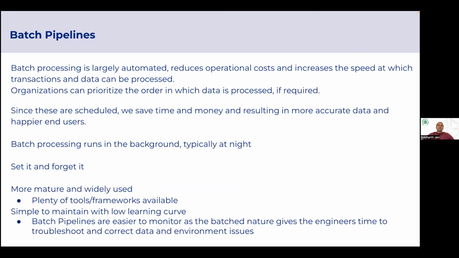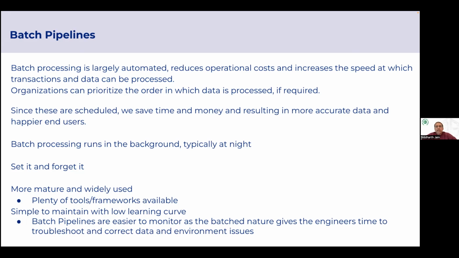For the batch data pipeline, it's more of a structured and automated system designed to process large volumes of data on a scheduled basis, or basically in batches, allowing data to be processed at a point where the system is low in demand, thus allowing for maximum use of system resources. Once the batch processing system is in place, you pretty much have a very hands-off approach to managing it.